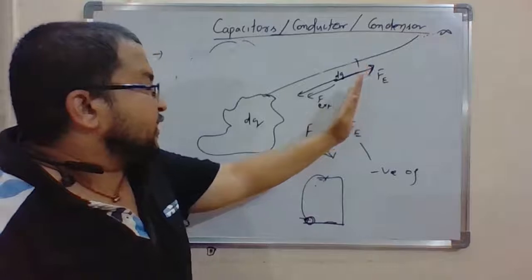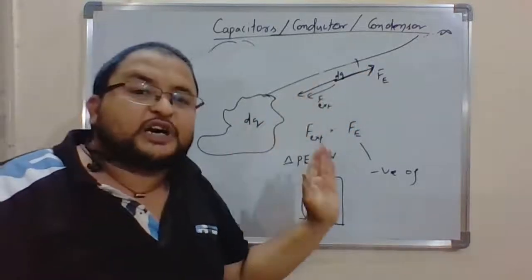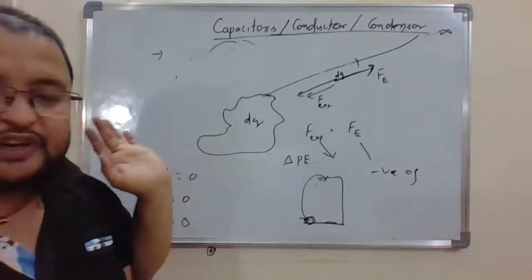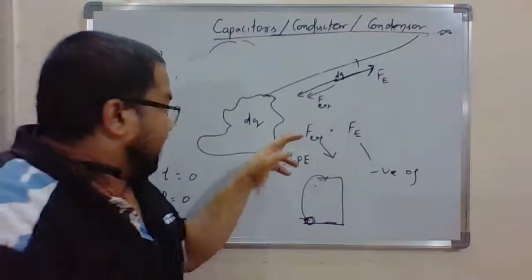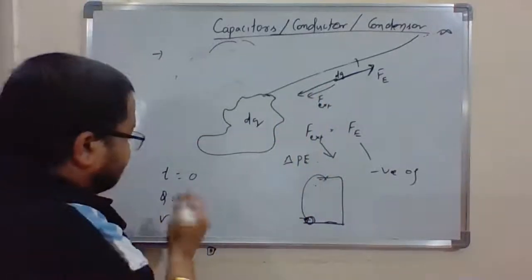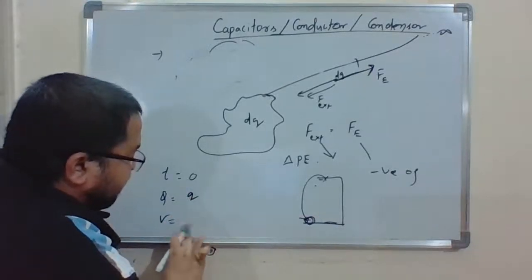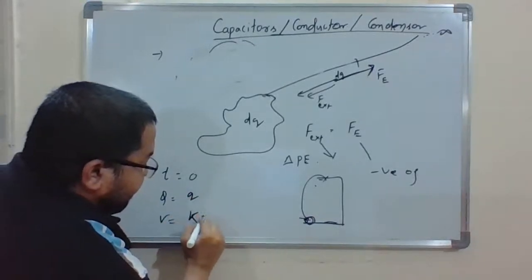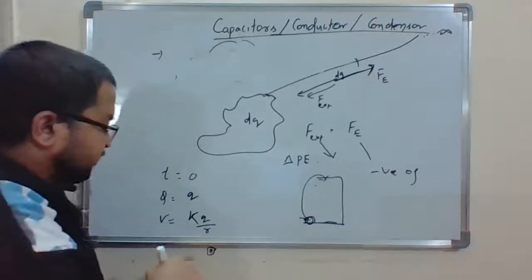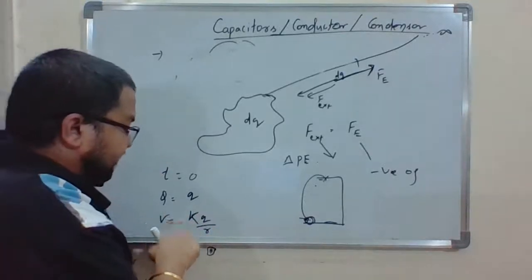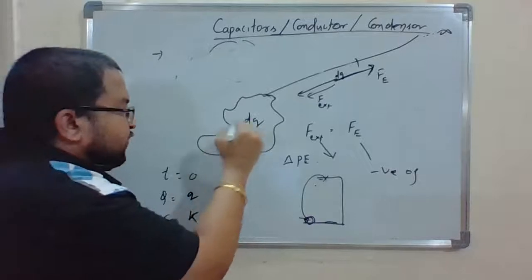When we are bringing more and more charge, it will keep pushing it more and more. And when you have charge equal to q, your potential will be kq by r.